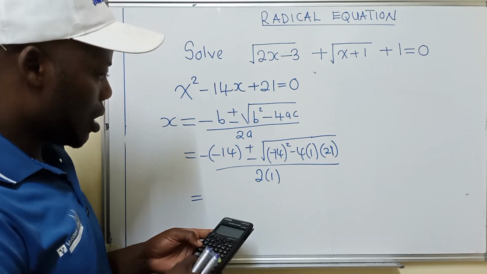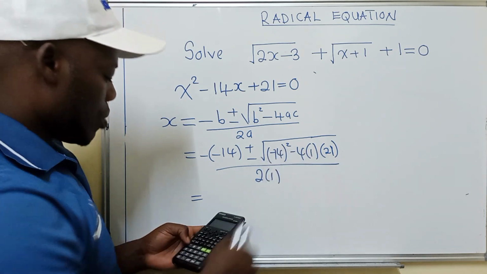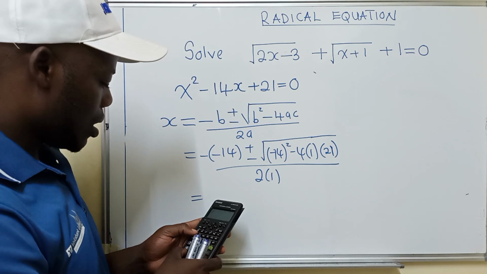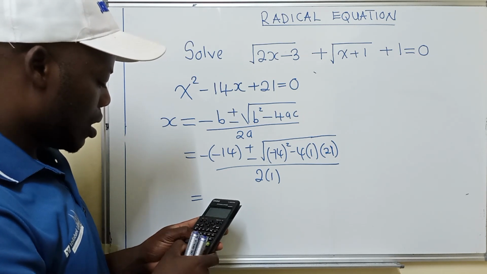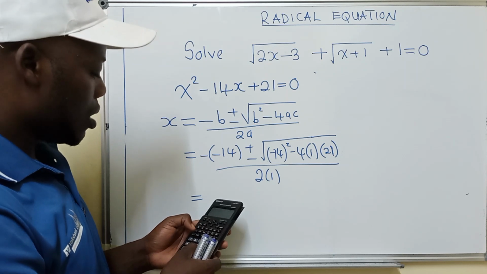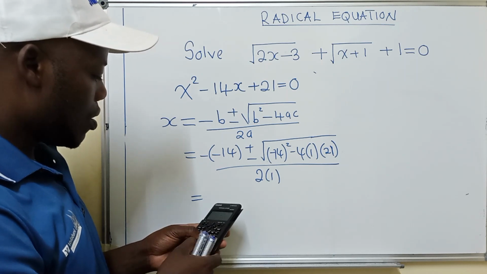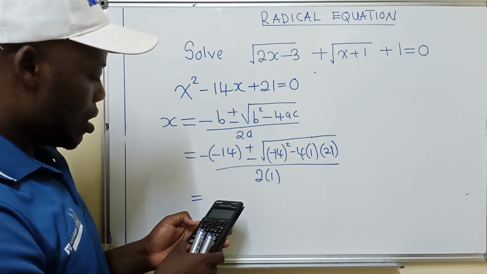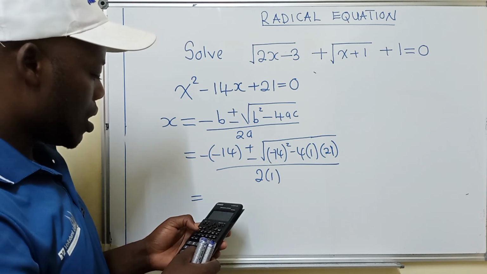So here, when we work out what is here, what are we getting? So that's negative 14 squared minus 4 there, the 21 there.